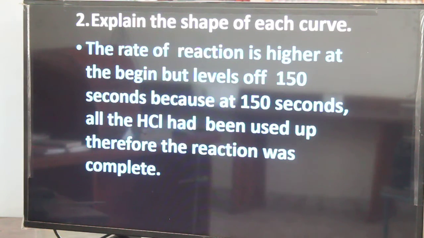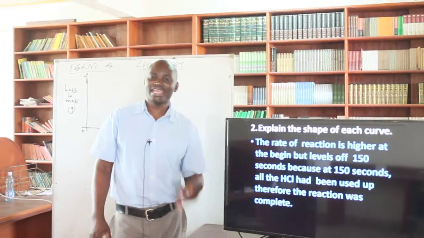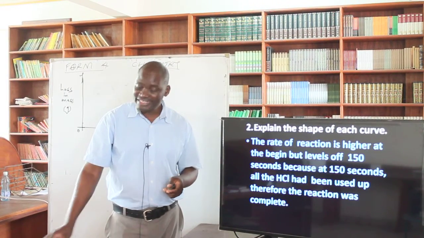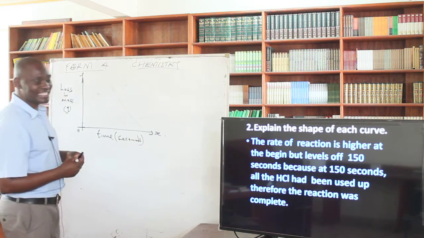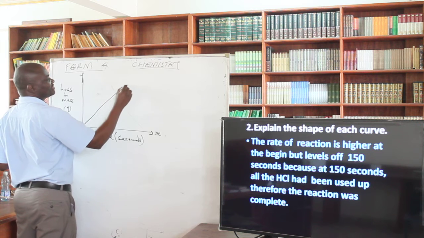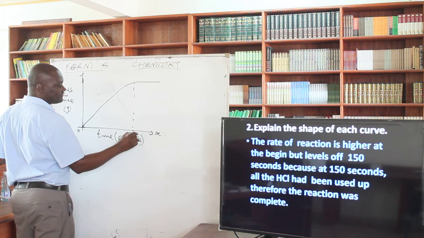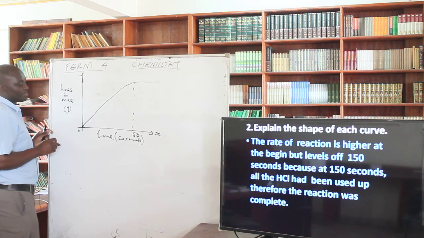And why does the reaction remain constant? Because we have the limiting reagent. The limiting reagent here is the one which is not in excess. So we have this thing moving this way, but starting from 150 seconds, it remains the same.